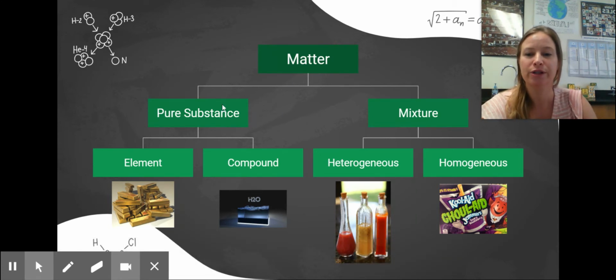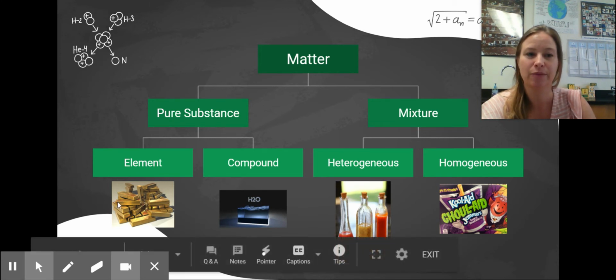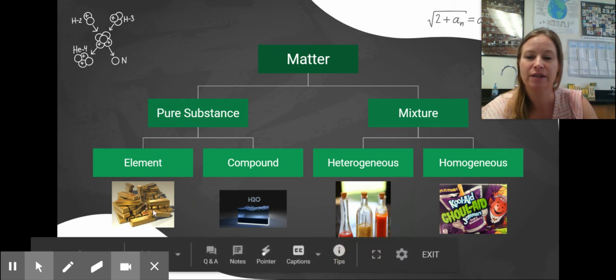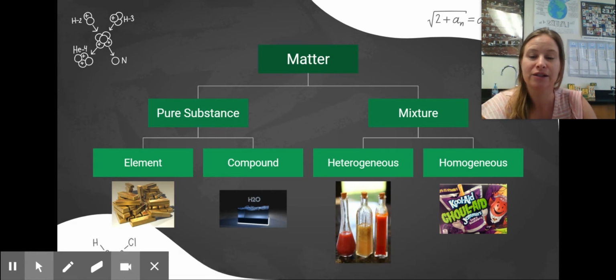Okay, so a pure substance is either going to be one of two things: an element found on the periodic table, right there behind me. So if it's found on there, if it's carbon or hydrogen or oxygen or gold or copper, anything on the periodic table is going to be an element. It can't be broken down into anything simpler. And so they're made of only one type of atom. They're a pure substance.